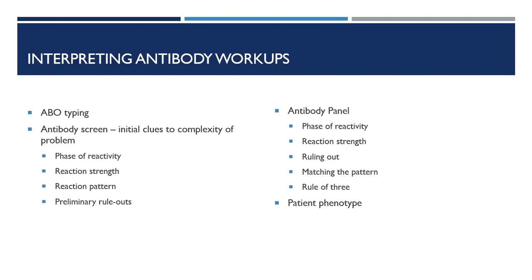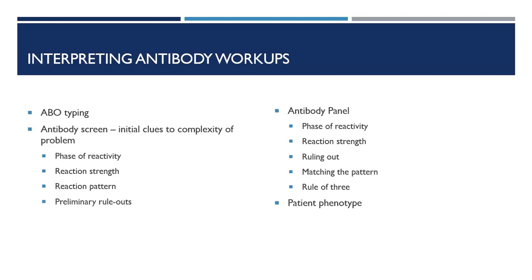The antibody screen gave us some initial clues to the complexity of this problem. Again, without doing the rule outs on this patient, what we saw was our phase of reactivity was IgG, so that meant it was a clinically significant unexpected antibody. The reaction strength was 1+, and we only had one positively reacting screen cell, so that gave us some initial information that we were most likely dealing with a single alloantibody problem as opposed to a multiple alloantibody problem or an autoantibody.